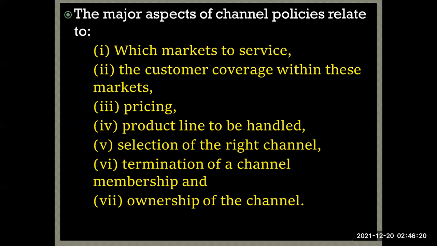So first, which market to serve, and within that which customer to serve, then pricing, then product line to be handled, then selection of the right channel, then termination of a channel membership, and ownership of the channel.